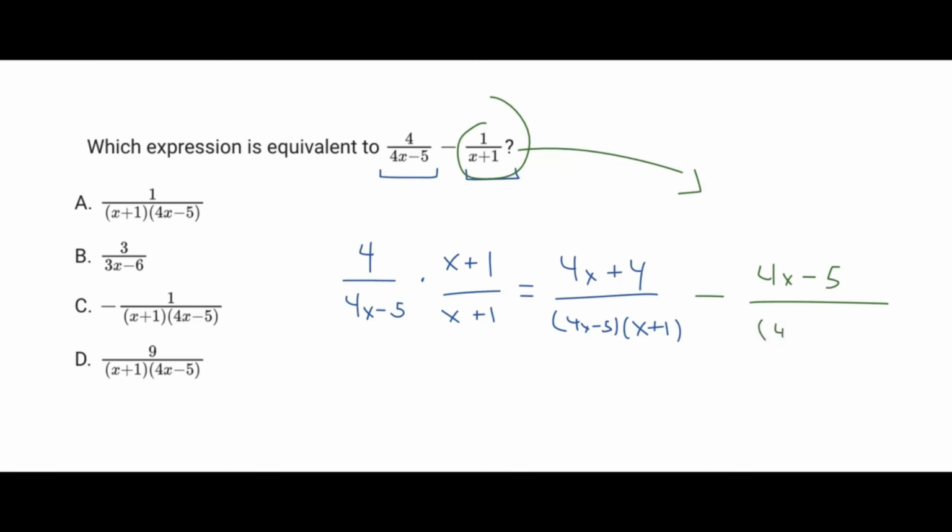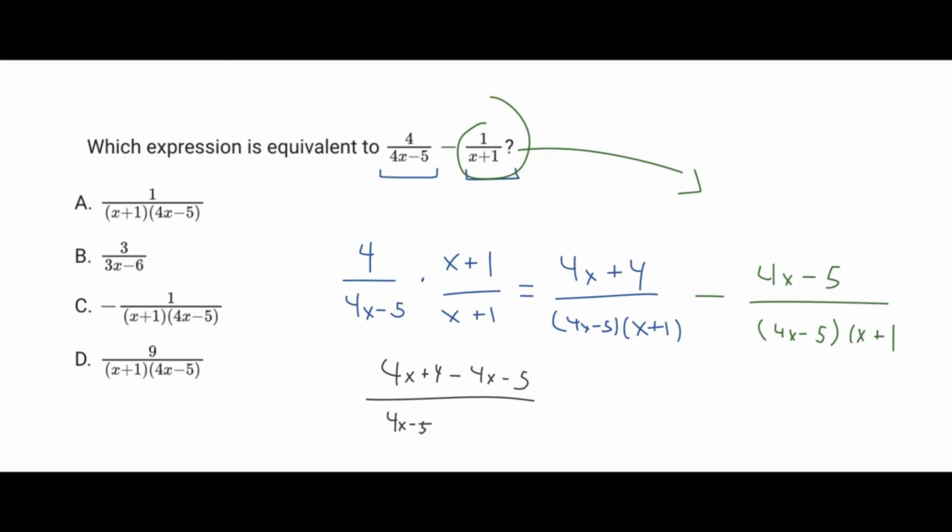And so now we can also just look at this entire thing over each other, right? So we have 4x plus 4 minus 4x minus 5, but they have the same denominator. So in reality, this can just be rewritten as 4x plus 4 minus 4x minus 5, over all of this.